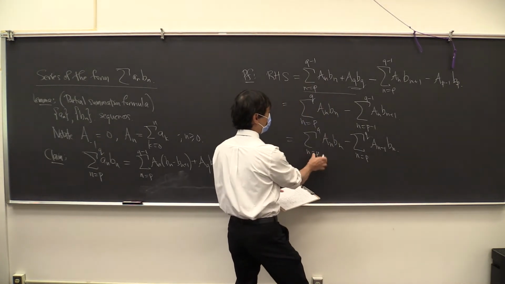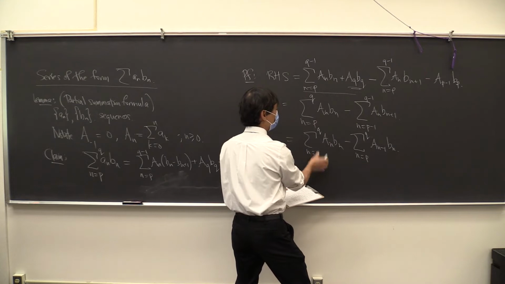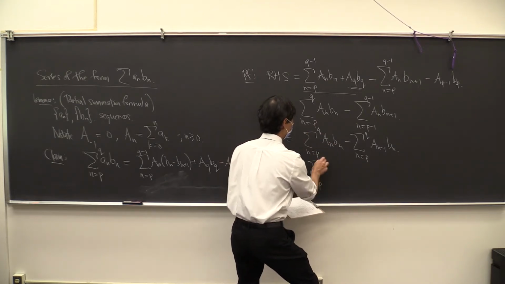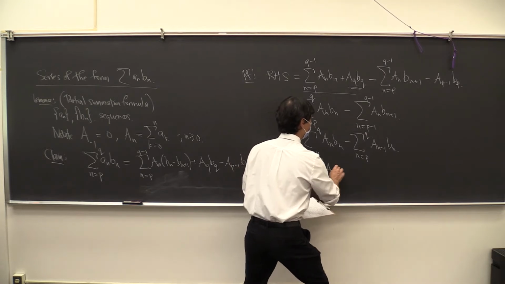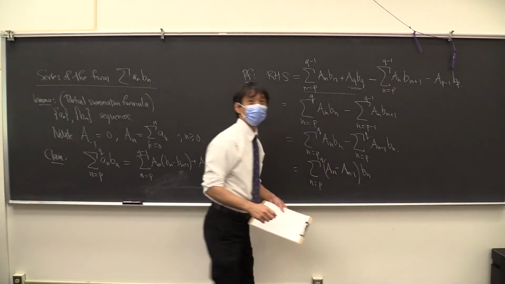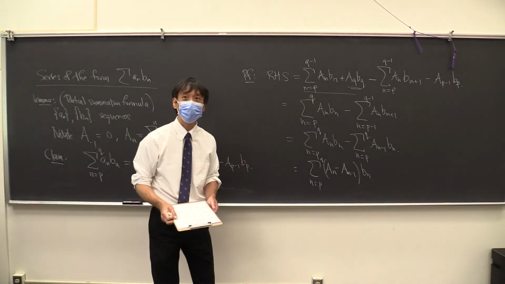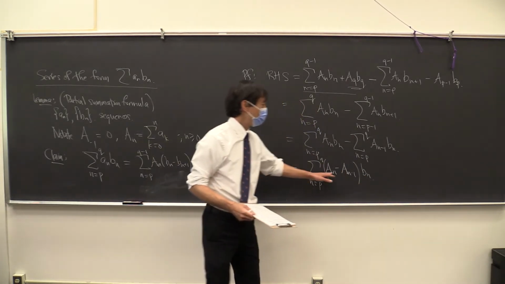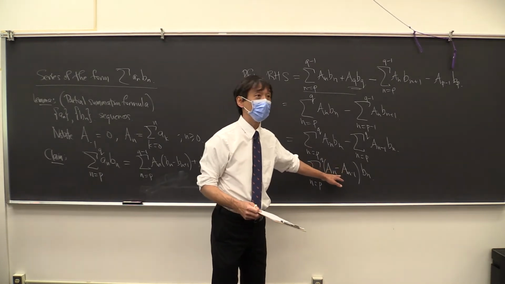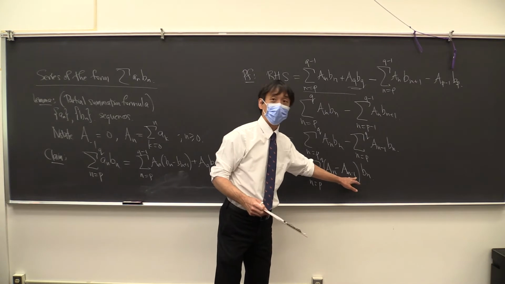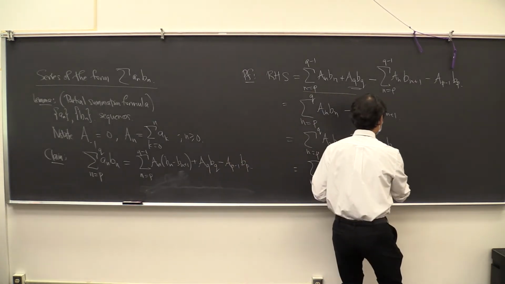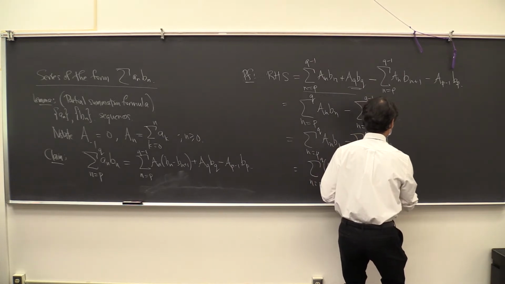They're both now going over the same range from p to q. So we get summation n equals p to q of capital A sub n minus capital A sub n minus 1, times b sub n. But this is the partial sum up to the nth term, so when we subtract the partial sum up to the n minus 1th term, we just end up with the top term, a sub n. And so we end up with what we desire, the summation of a sub n b sub n from n equals p to q.